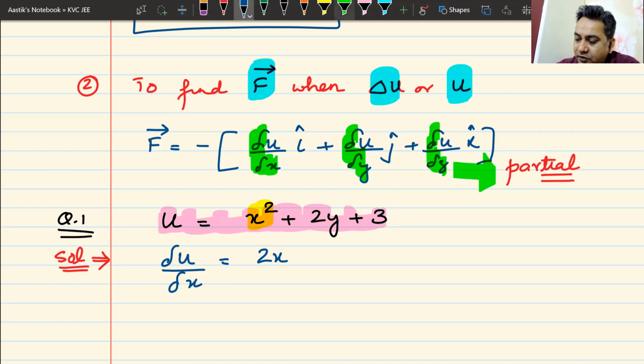The partial derivative of 2y with respect to x will be 0 because it's a constant. The partial derivative of 3 with respect to x will be equal to 0. So del u by del x simply becomes 2x.